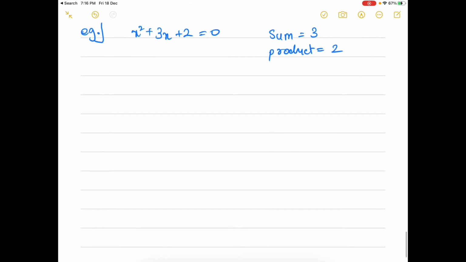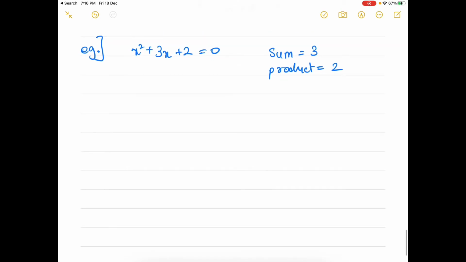We have to find this out by hit and trial. We can directly see that these two numbers are 2 and 1. When we add them both, we get 3, and when we multiply them both, we get 2. These are the perfect combination.